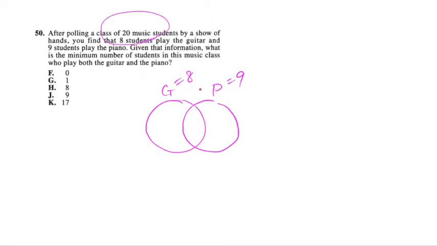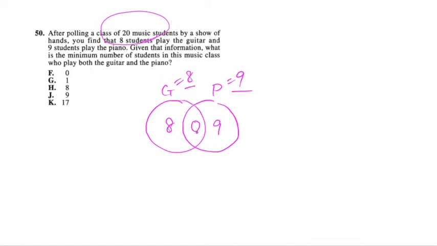Well, if you notice, 20 is more than the sum of both of these. So even if you had 8 kids who played the guitar and 9 kids who played the piano and none of them played either, so that middle number there or that intersecting number is 0, you still have less than 20 students.